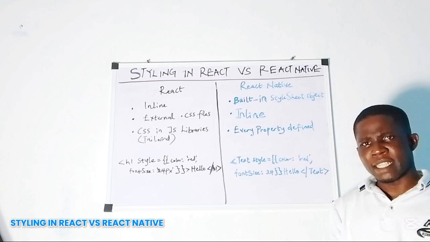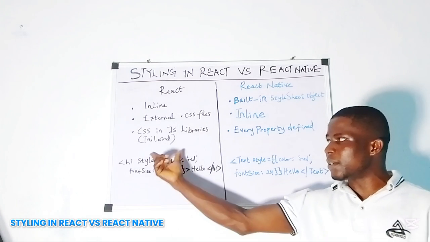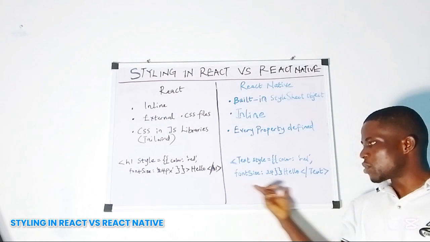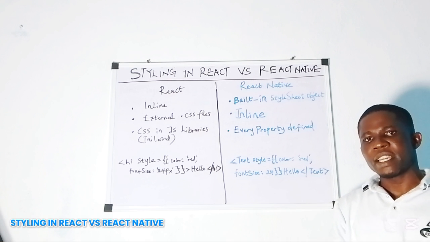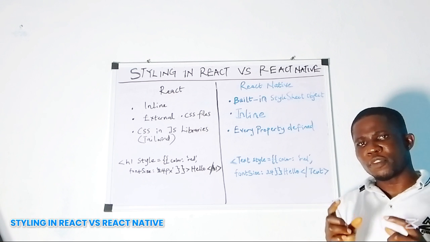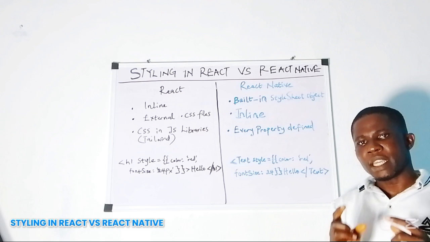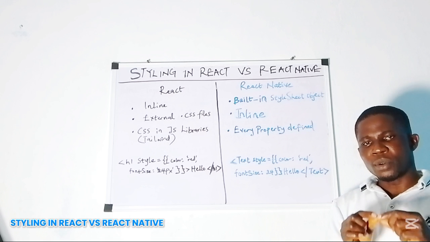But the difference, which I'm going to demonstrate using this code versus what you have here, is that when you add styles in your React, you are going to define every property in those styles that you add.